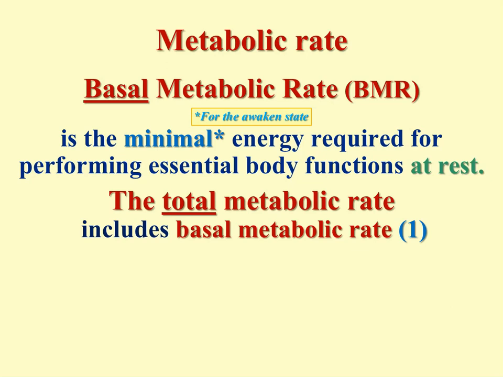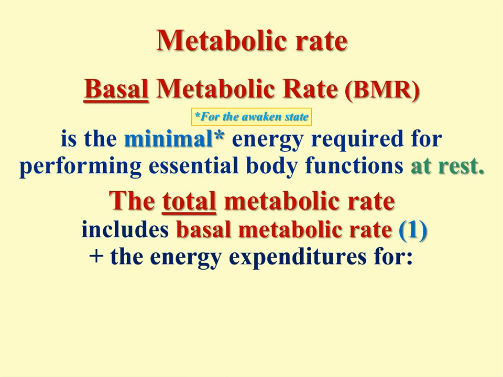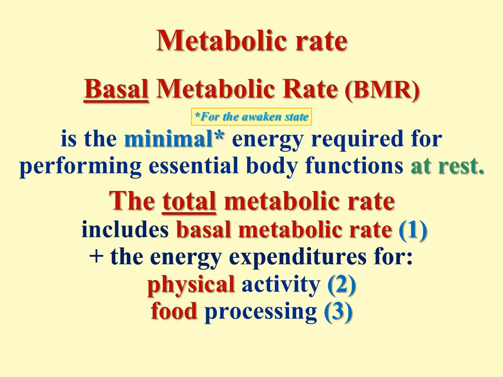It includes the first component, basal metabolic rate, then, of course, energy expenditure for physical activity. Then, food processing. As for food processing, I hope you understand that to get the substances present in food, we need first to chew this food and move it along the digestive tract.